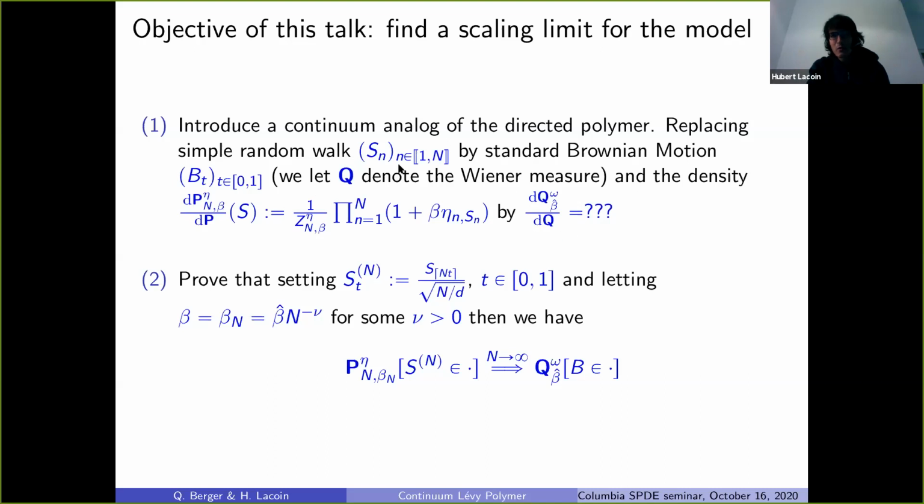We want to define this continuum model in a natural fashion.